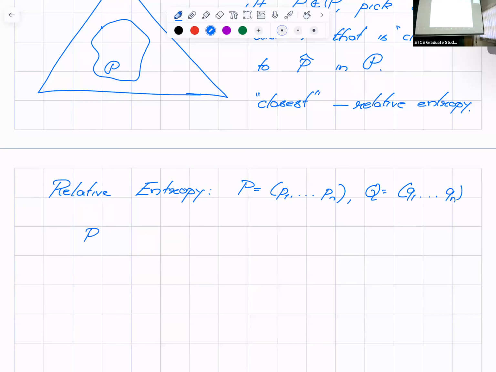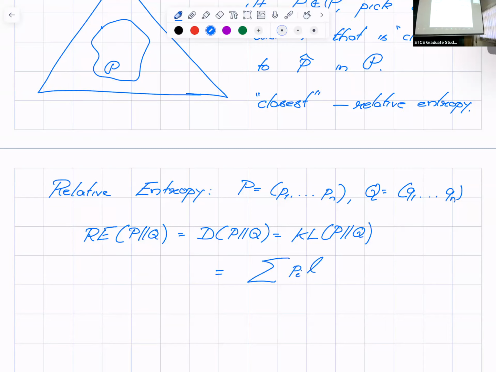Then the relative entropy of P versus Q, sometimes also called the divergence, or the Kullback-Leibler distance, named after the people who defined it, is defined to be just the summation of Pi ln Pi over Qi.